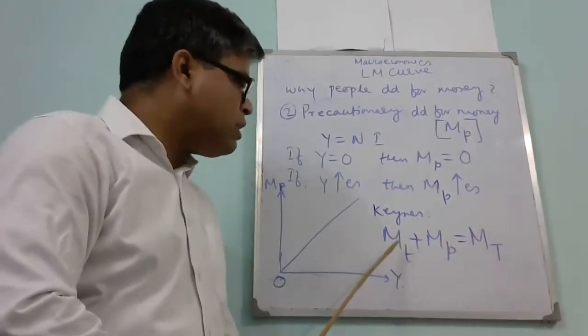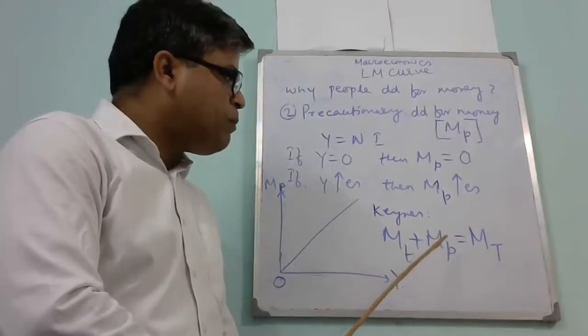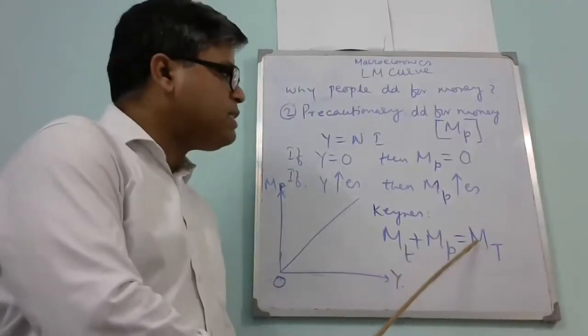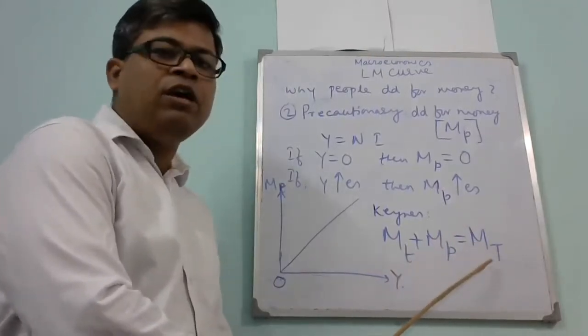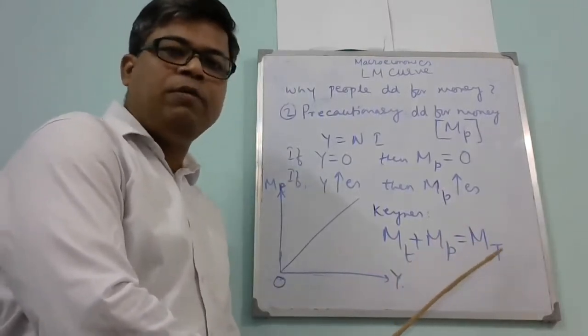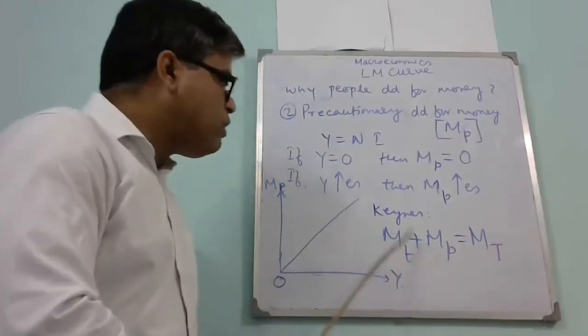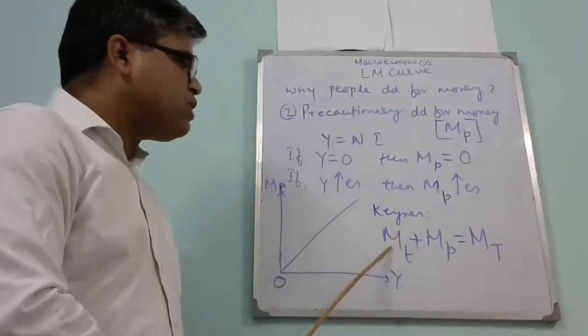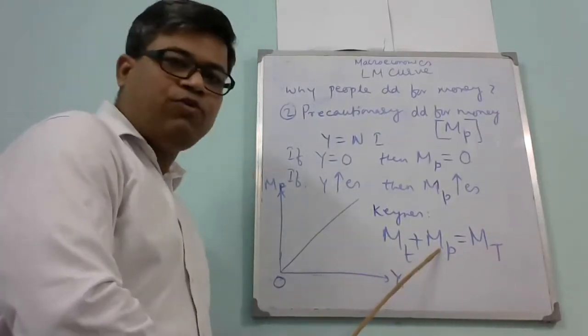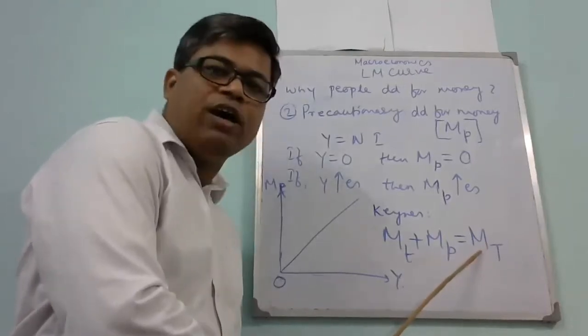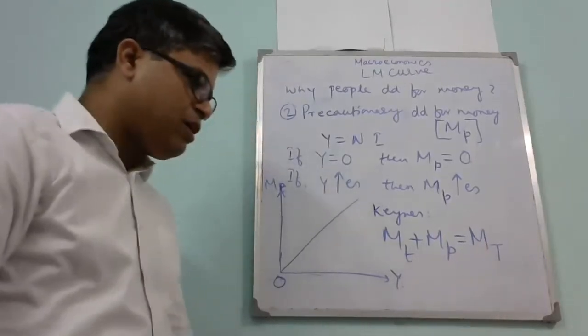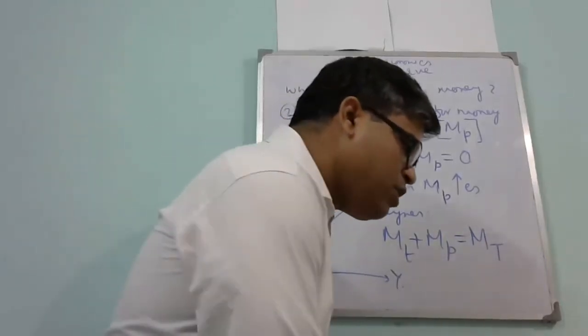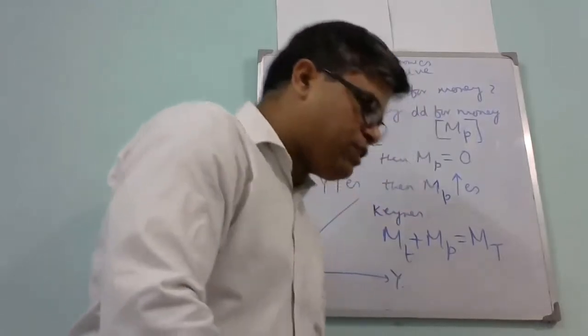This one is the transaction demand for money. This one is the precautionary demand for money. And this M capital T is called the total transaction demand for money. Now this is a function of Y. So MT is also a function of Y. Clear?